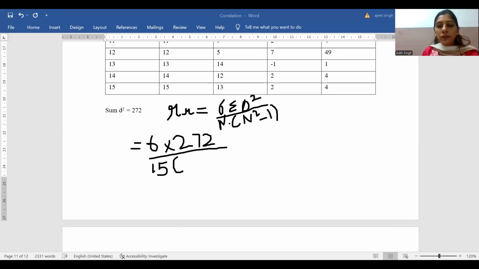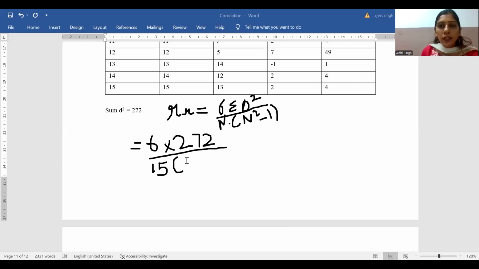Let's calculate with the help of calculator. 15 multiplied by 15 is equal to 225, and minus 1 is equal to 224.